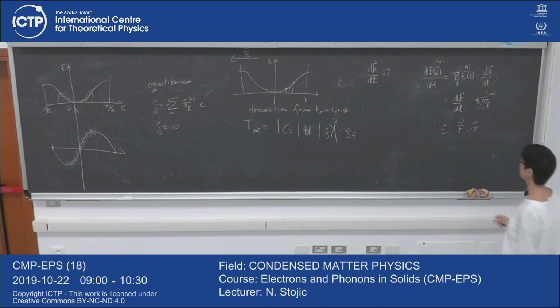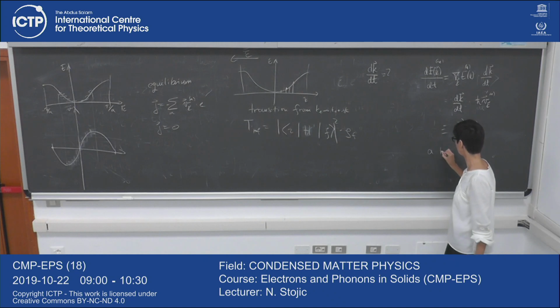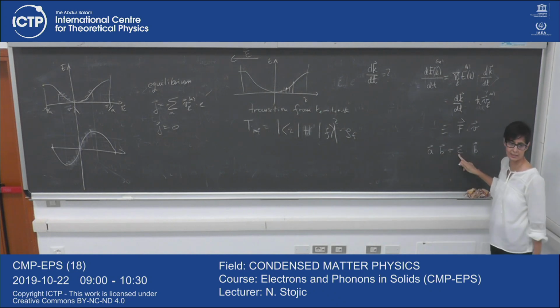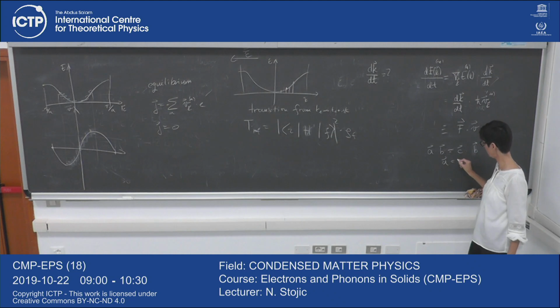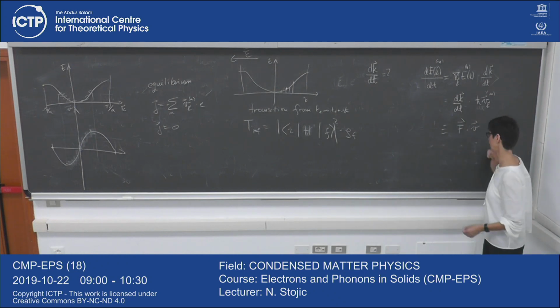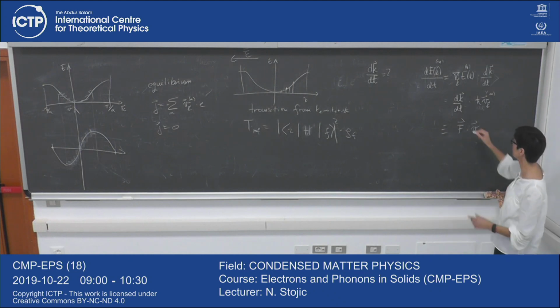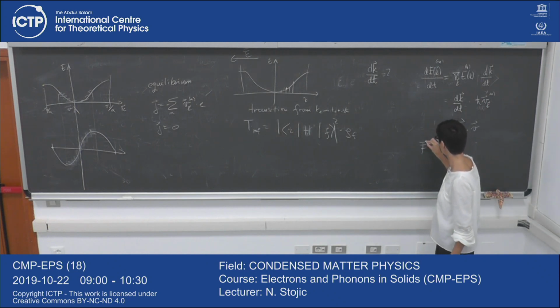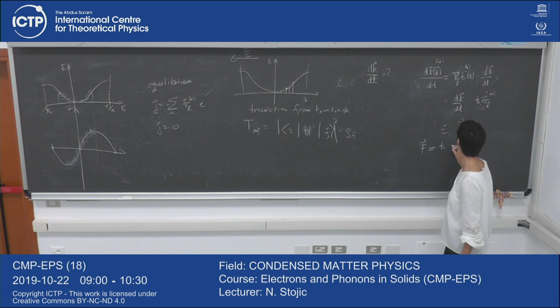If you have A times B equals C times D, even if B is the same, it does not mean that A equals C. A can be C plus a vector perpendicular to C. So it doesn't have to be, but it can be proven, and that's in the book, that actually the force is equal to h times dk over dt.